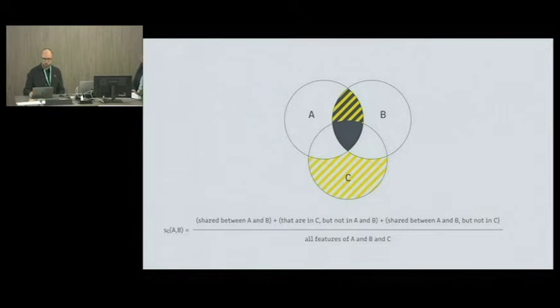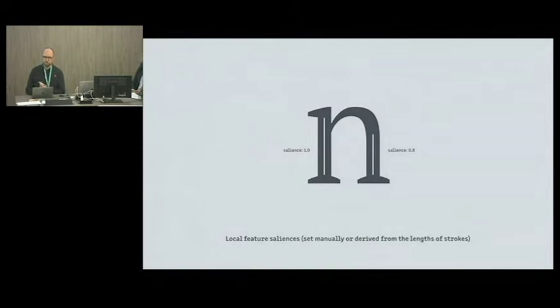Okay. So I have this nice chart and nice formula. It all looks really neat. But the problem is the features have different salience. Different features have different importance for the participants. And also, the salience could be locally different.